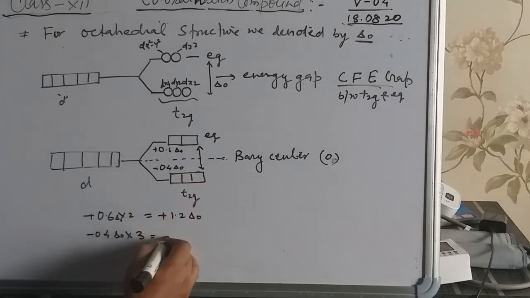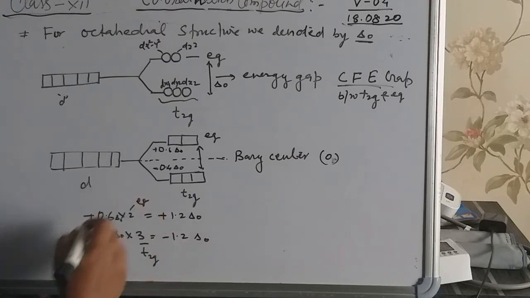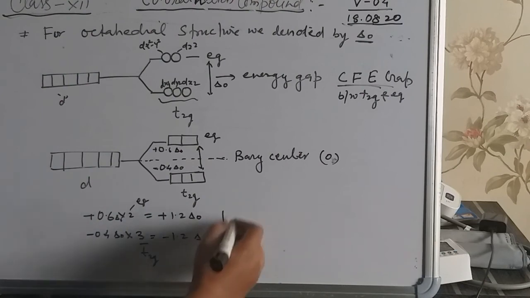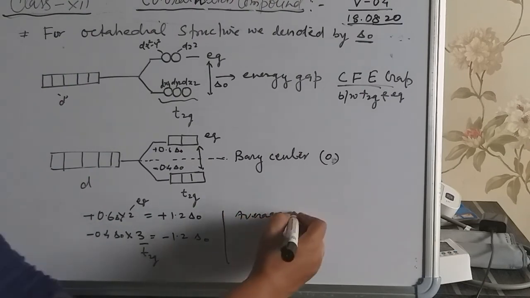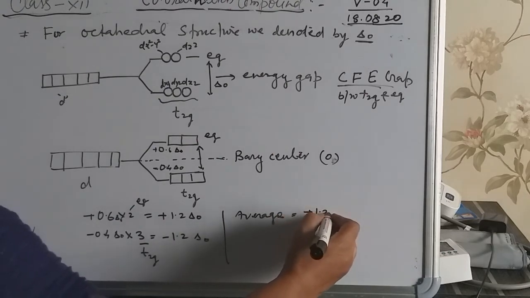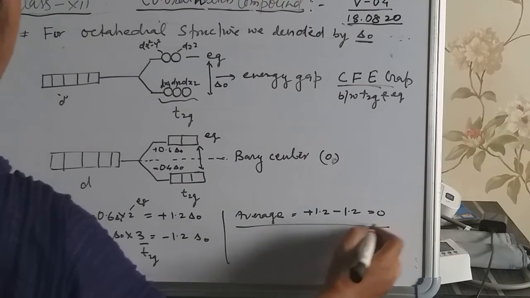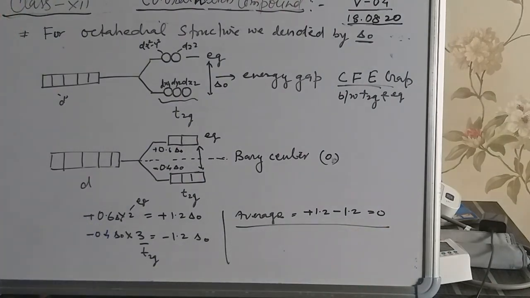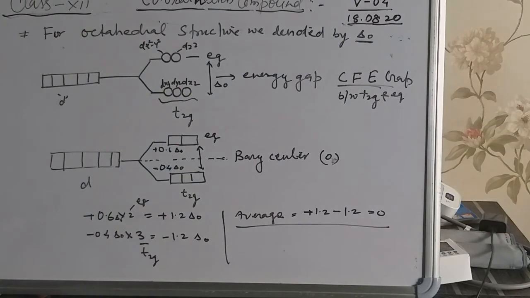So it comes minus 1.2 delta naught. This is T2g and this is Eg. So the average comes plus 1.2 minus 1.2 equal to 0. In this way we can calculate the energy of the particular orbital.